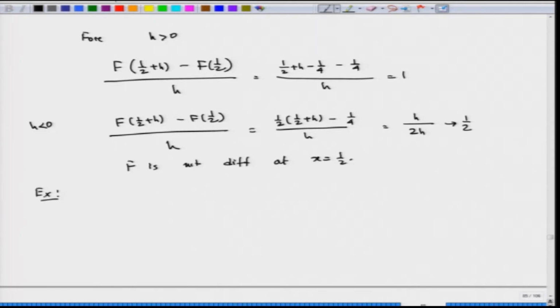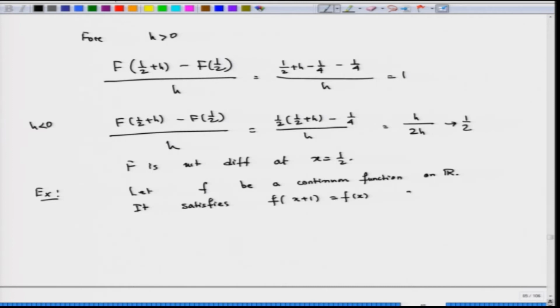One nice example as an application of the fundamental theorem of calculus is this: let f be a continuous function on R, and it satisfies f of x plus 1 equal to f of x for all x belonging to R. What does it say?